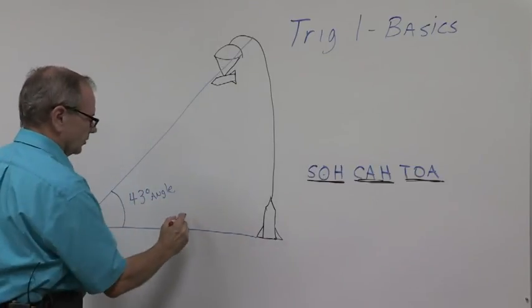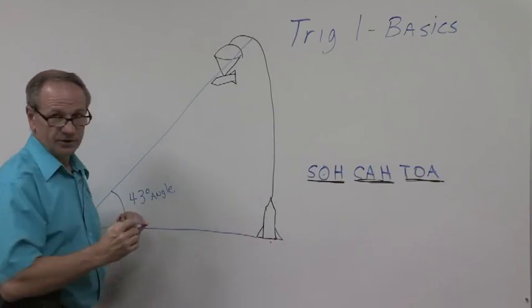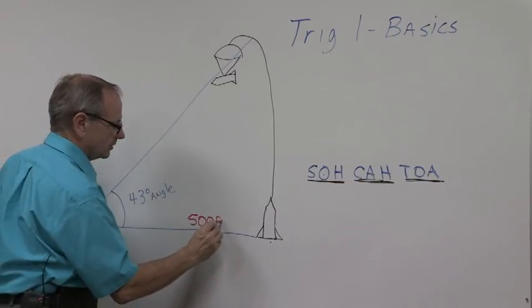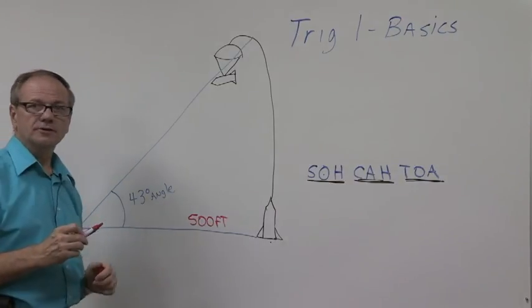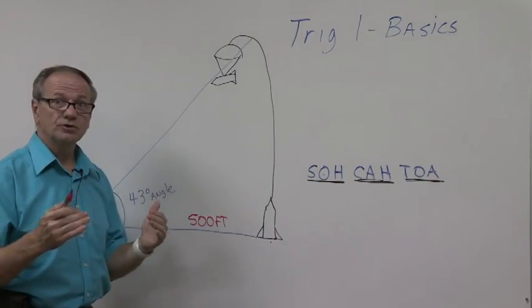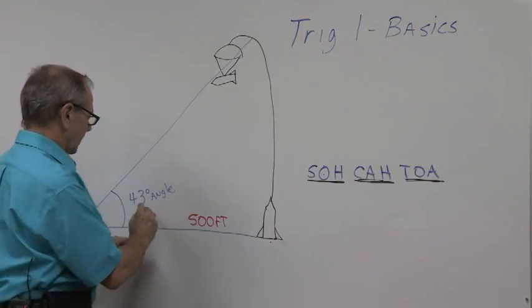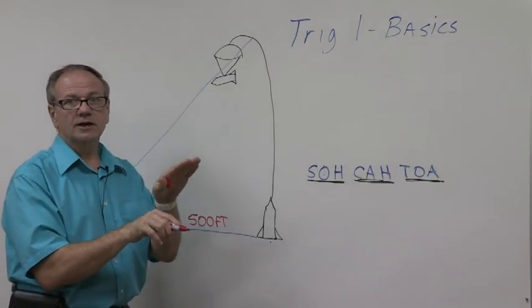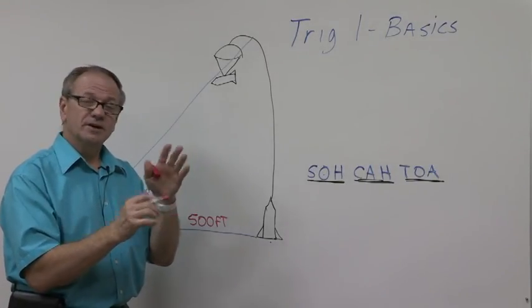If I had the rocket, we would set the launch pad here. We would have somebody walk 500 feet away from the rocket. Then what we would do is use an angle. We had a special thing that we made that lets us watch the angle and see how high it goes based on the angle.